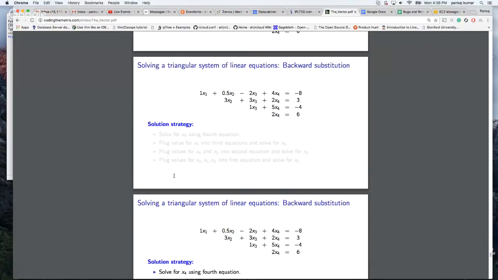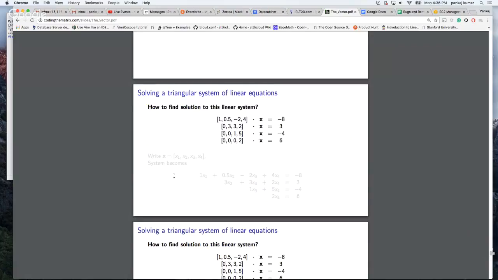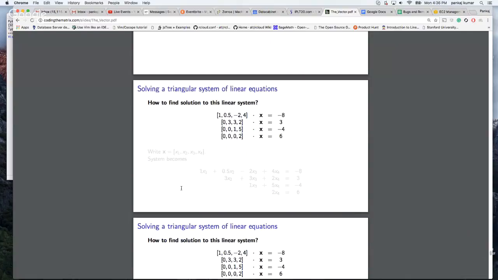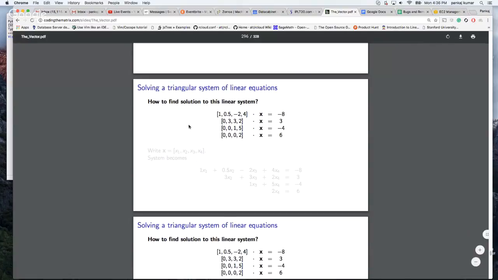Also, the book mentions a triangular system of equations. By triangular system of equations, what it means is that only the upper triangle of this matrix or set of vectors has real values.